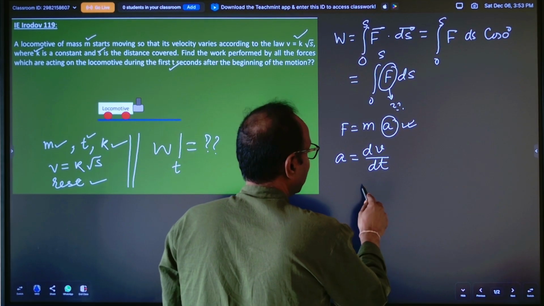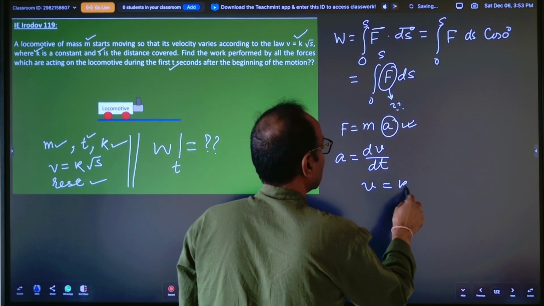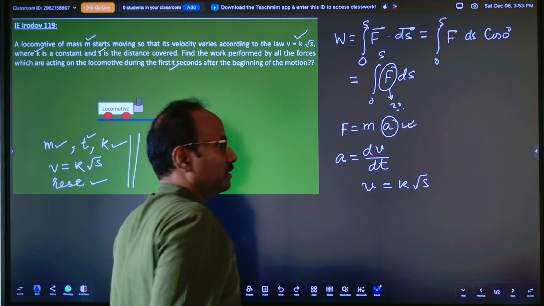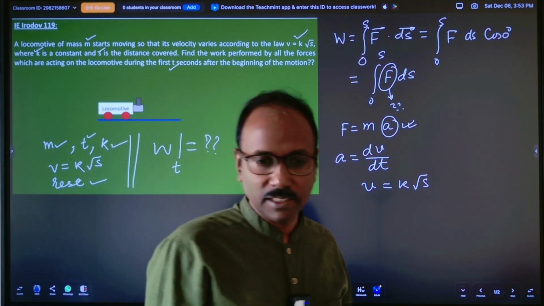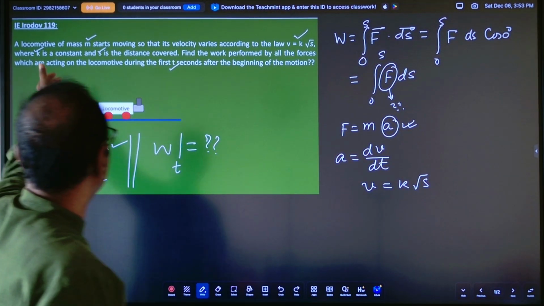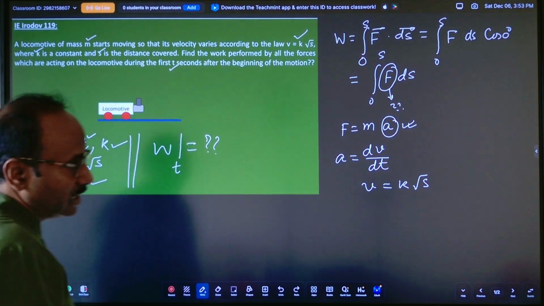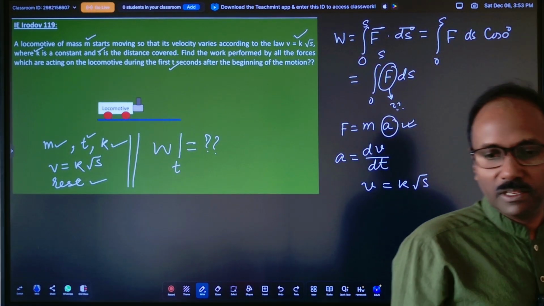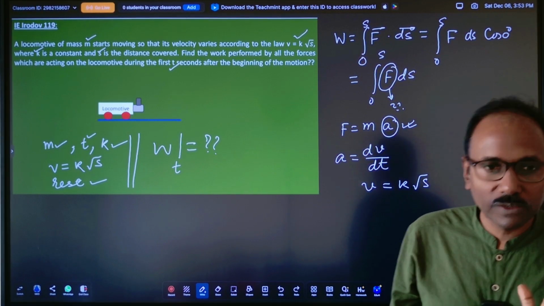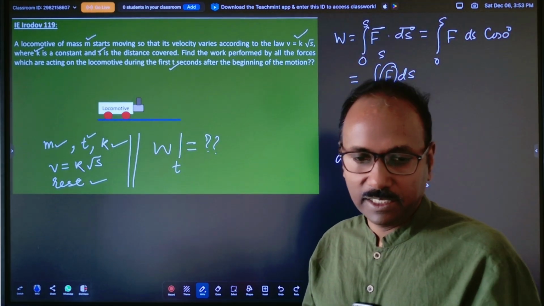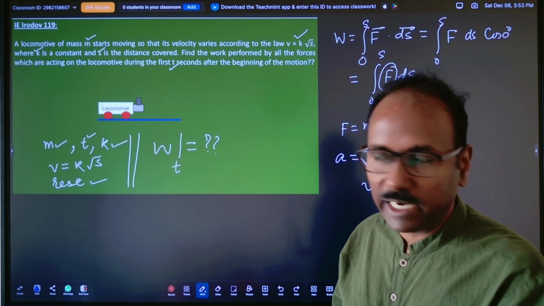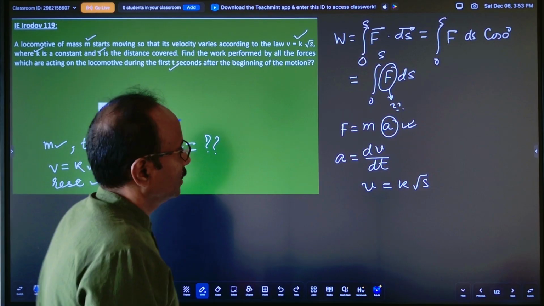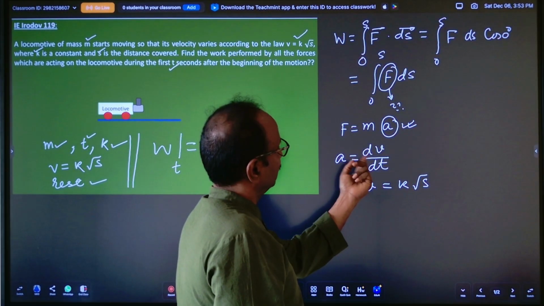But v is given as k root s, where k is a constant, s is variable, s is the displacement which is changing. They have mentioned it as distance. Why? Because force will move the locomotive in the direction in which it is applied. So differentiate it for getting the a.